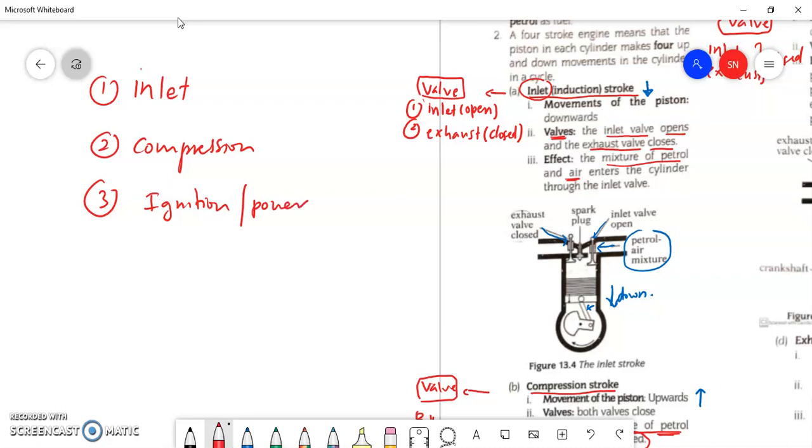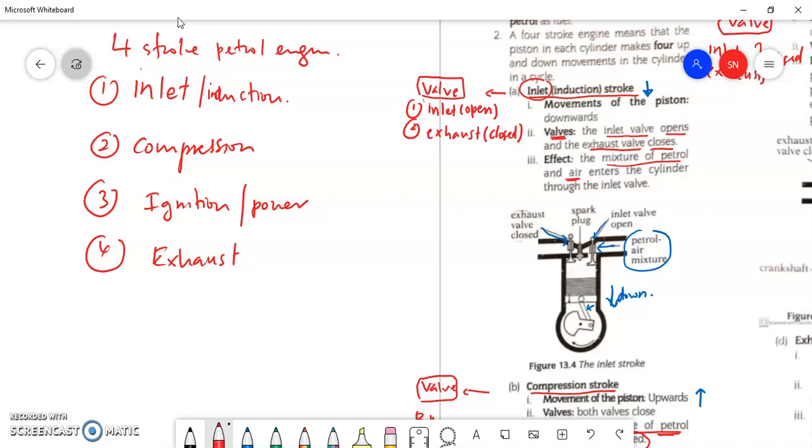And the fourth one is called the exhaust. For the first one, sometimes they also call it induction. Induction stroke. So these are the 4 strokes for a 4-stroke petrol engine.